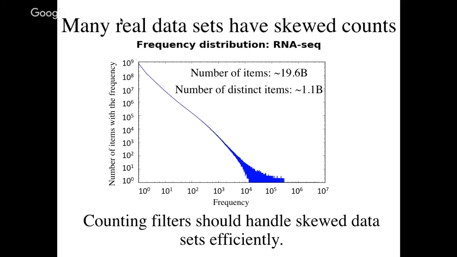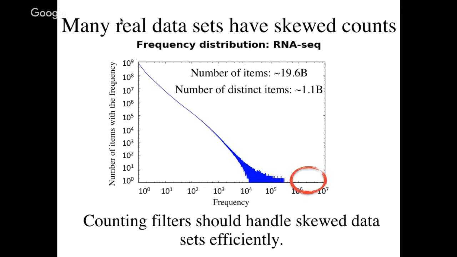On the right-hand side, there are very few elements that occur with a very high count. There are 1 or 2 elements in the data set that occur a few million times. There's a blue line here, but it's very small, so you can't see it, but it actually goes to about 10 million. So counting filters should handle skewed data sets efficiently, because when applications deal with real-life data sets, they need to be good at dealing with skewed data sets.